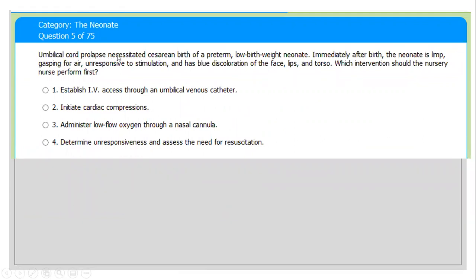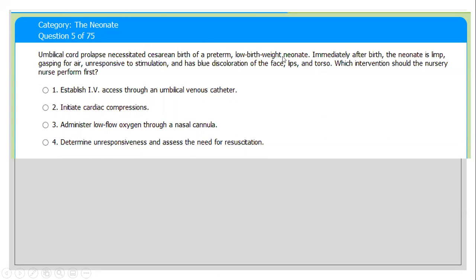Next question here. Umbilical cord prolapse necessitated cesarean birth of a preterm. So the baby is preterm and went through cesarean section because of cord prolapse.